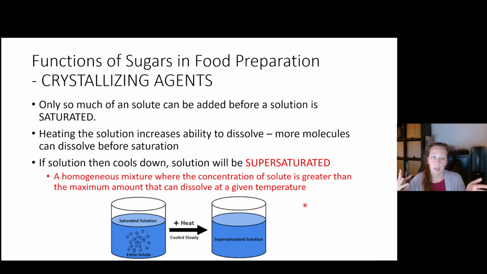I can do the same kind of thing with salt and dissolve more salt in warm water versus cool water, but salt is not stable at cooler temperatures when it's supersaturated, and so salt is pretty much immediately going to precipitate out and just sink down to the bottom if I cool it down. But sugar is better at remaining supersaturated. It's a little bit more stable.